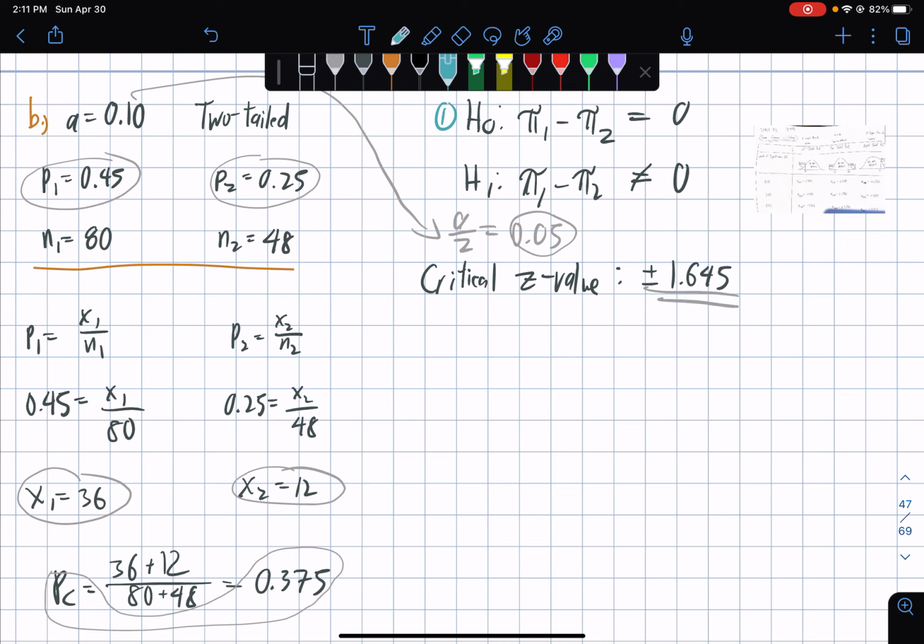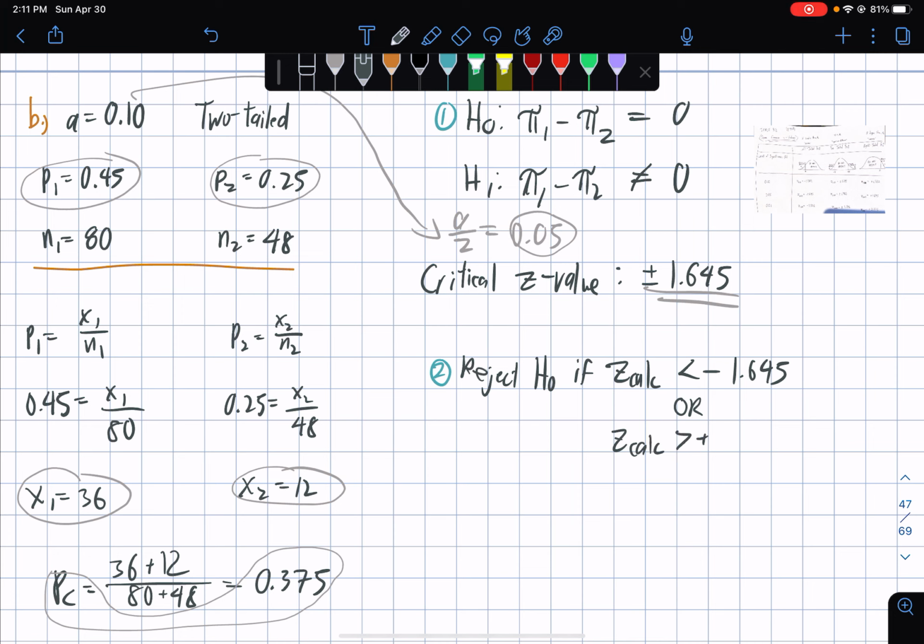Critical z value. For step 2, reject H0 if z calc is less than negative 1.645 or z calc is greater than positive 1.645. Just to reiterate, if you have a two-tailed test, this is how we write z calc always.